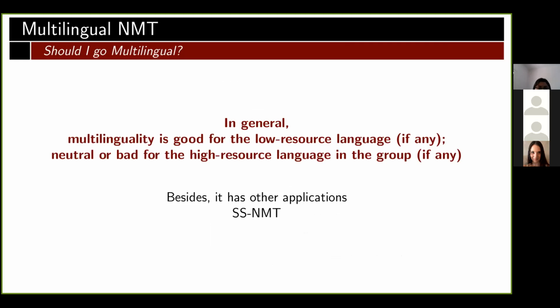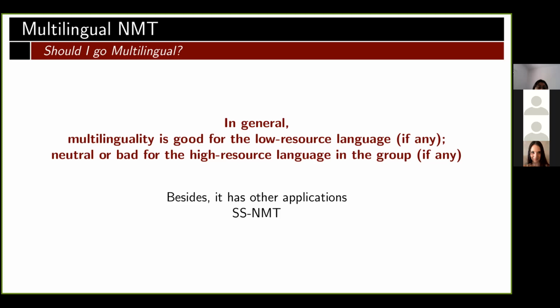So should we go multilingual? In general, after analyzing several systems, one sees that if you have a multilingual system that shares different languages, what you get is an improvement for the low resource language. So if you have English, German, Yoruba, and Russian, maybe for English and German you will get worse translation quality than you would have with the bilingual setting, but you will be getting improvement for Yoruba, for instance.